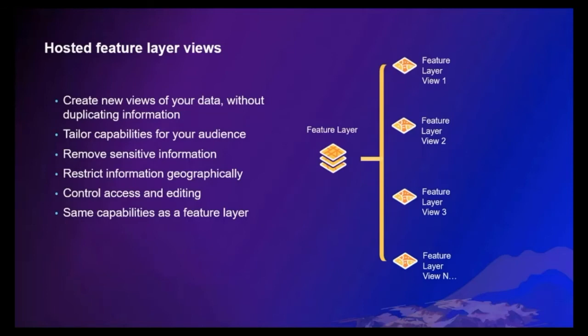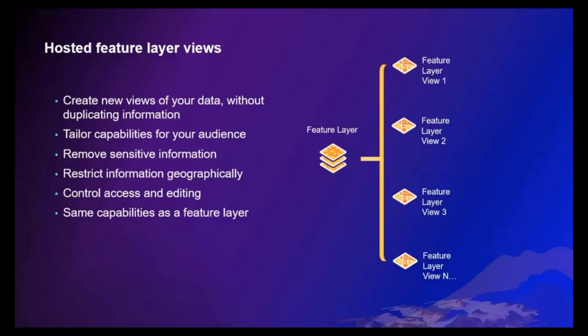The first is that you can hide or show certain fields in that view. You can define a filter on the view, so maybe you only want to see records where it has gone through an internal review and its status is ready for the public.